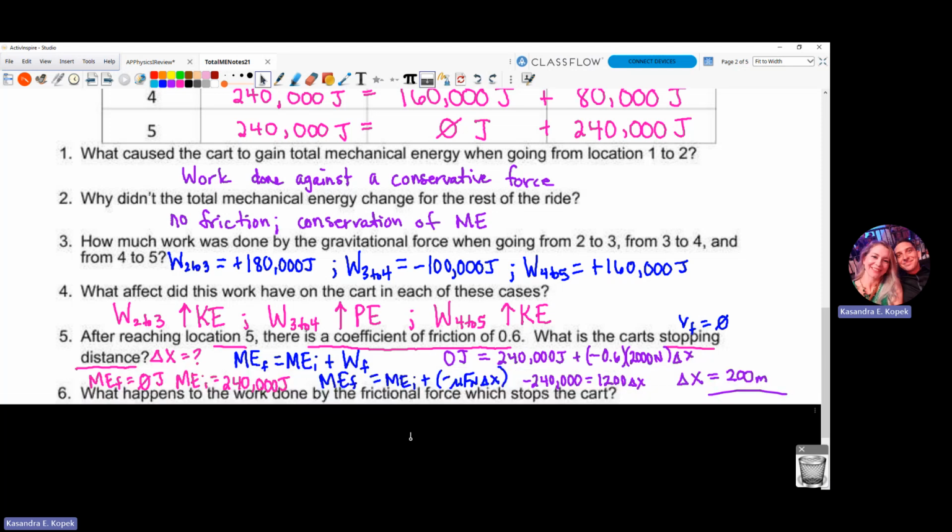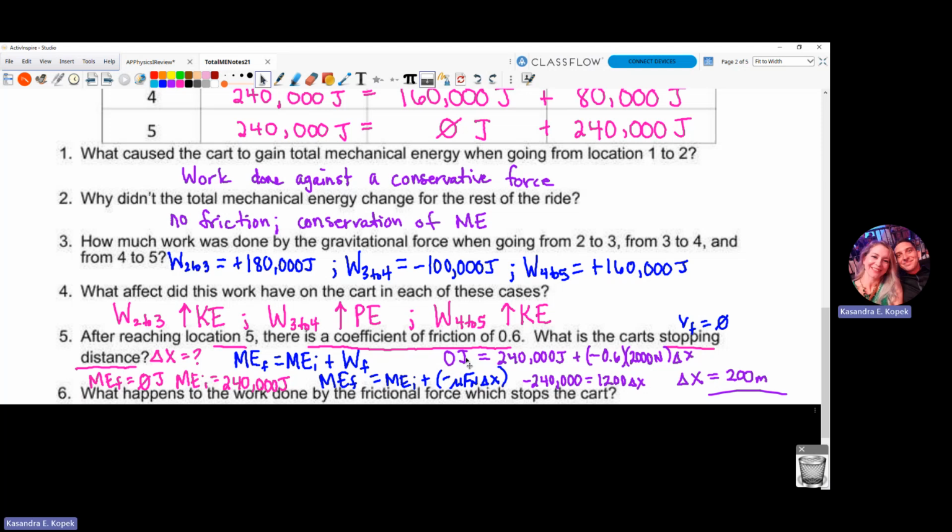So if I start with 240,000 joules of energy, and I know I need to end up with 0 joules of energy, and I want to figure out how far the cart is going to travel in order to come to a stop, this is what we're doing.